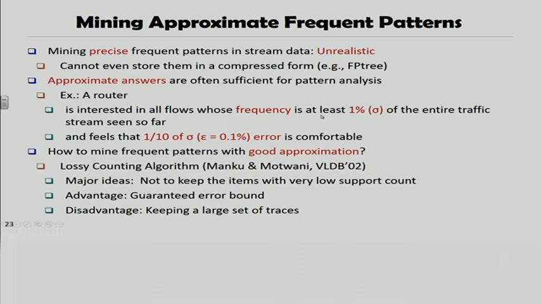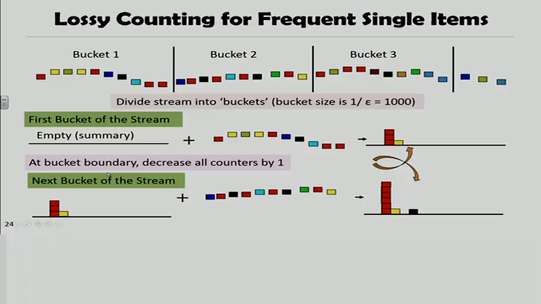The first and very popularly cited algorithm is by Manku and Motwani, published in 2002, called the lossy counting algorithm. Let me give you the general philosophy of what lossy counting is. Let's just look at this data stream.